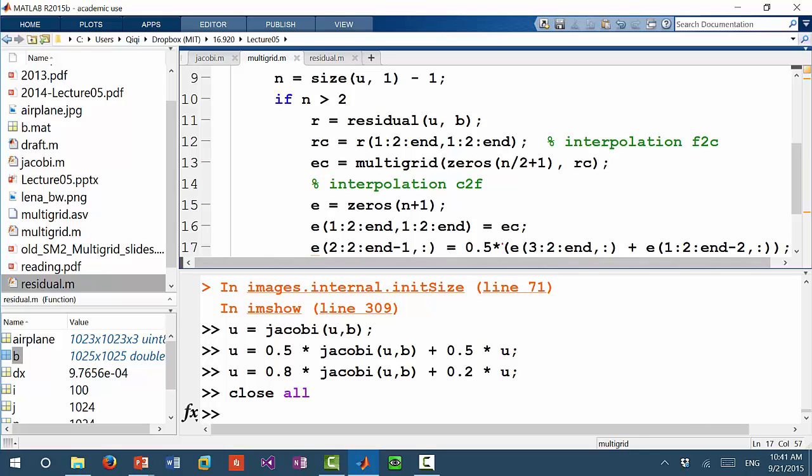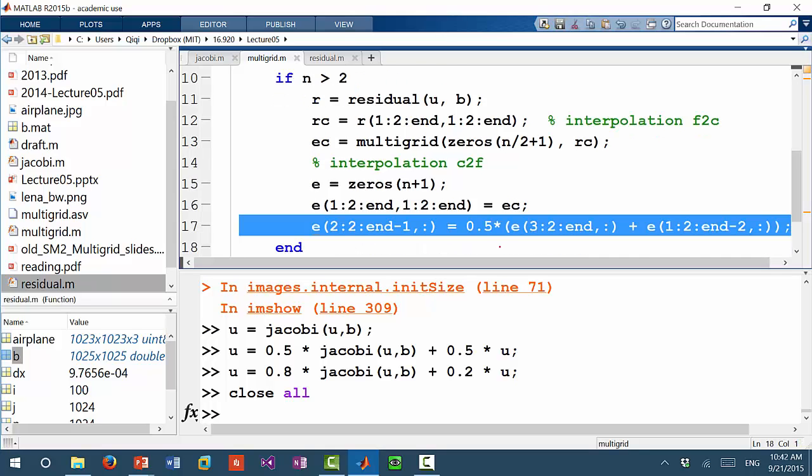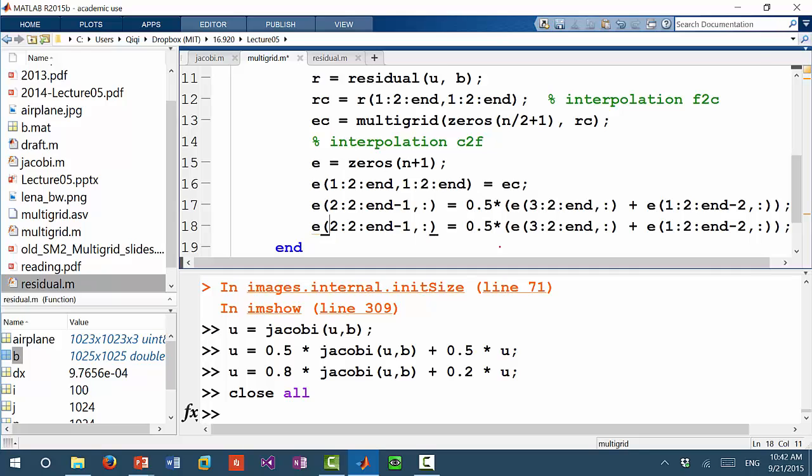Basically, I'm taking the 2 adjacent rows and averaging them to get the rows that I don't have values for yet. And I need to do the same thing to the columns. All right. So that completes my interpolation from coarse to fine.